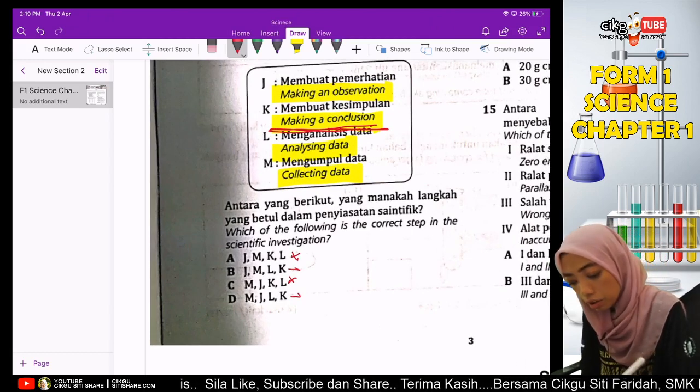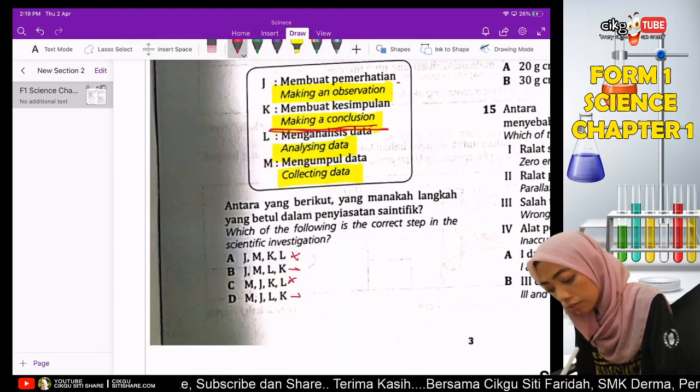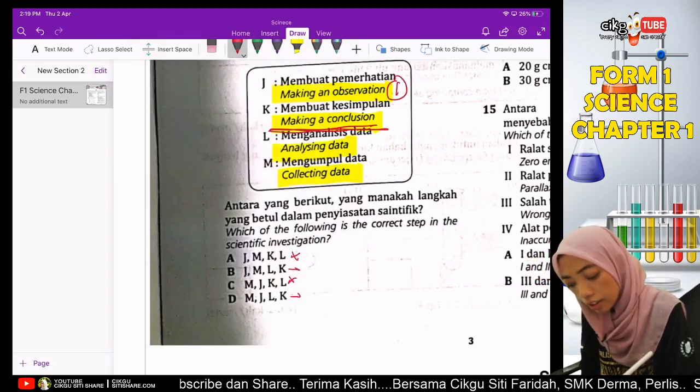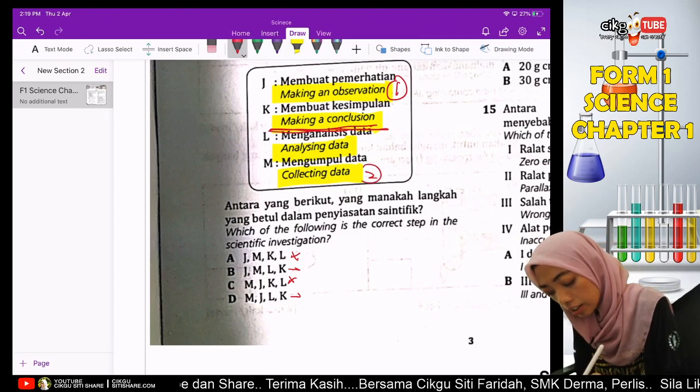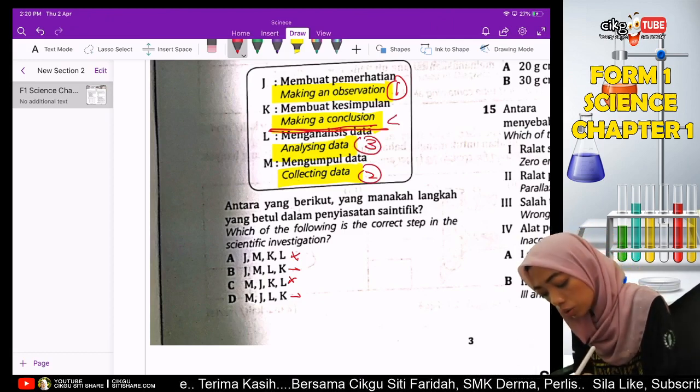First we usually make an observation, and then we collect data, and then we analyze data, and lastly we make a conclusion.